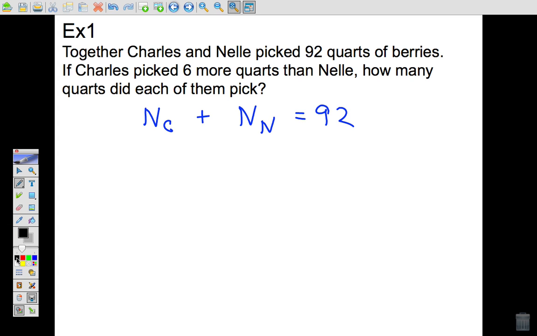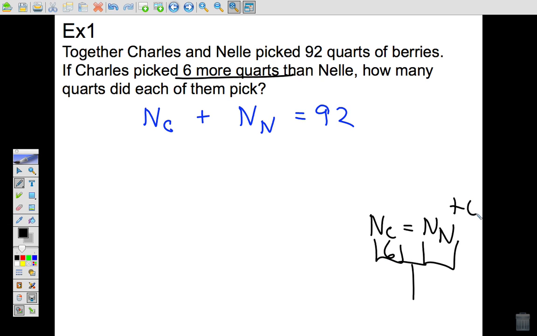Now, the next one, I know that the number of quarts that Charles picked is not equal to the number of quarts that Nell picked, because it says Charles picked 6 more quarts. So again, this science balance example, Charles picked 6 more. So how do I balance it out? Well, I got to add 6 over here.